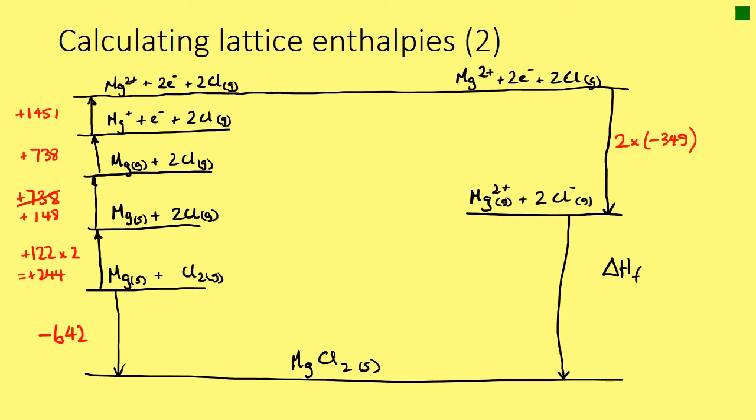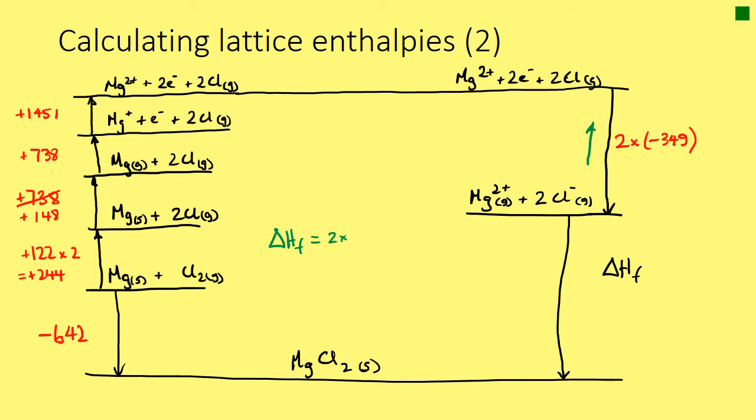So we can work out our lattice enthalpy of formation of magnesium chloride. We're going to go around in the opposite direction to our arrow, so we have to change that sign.